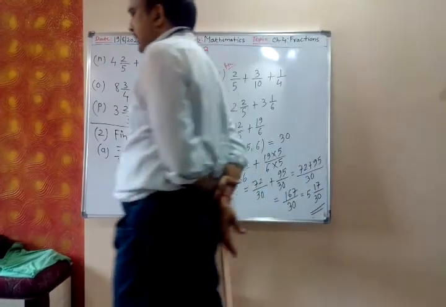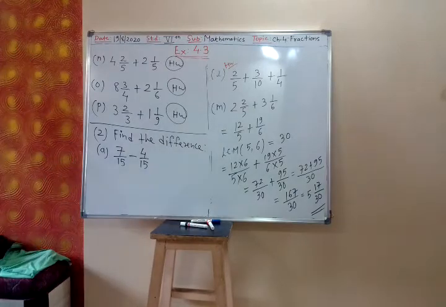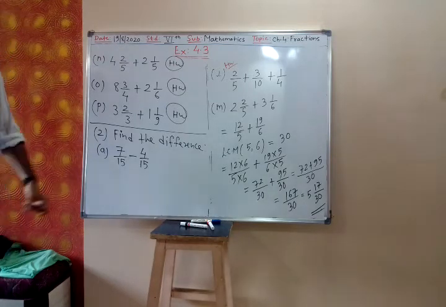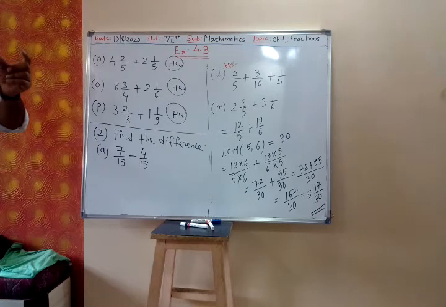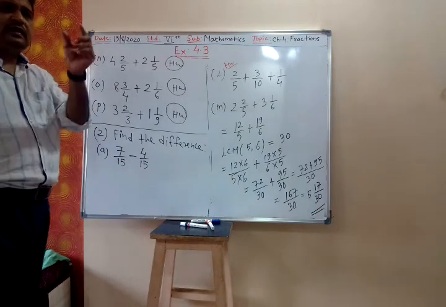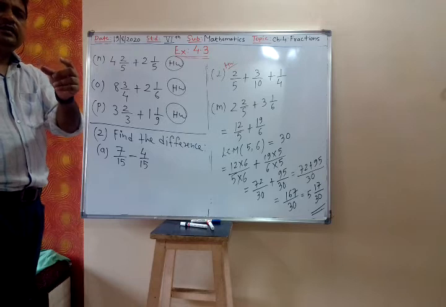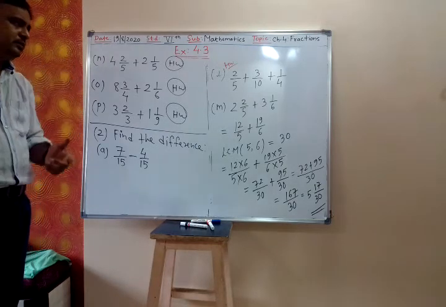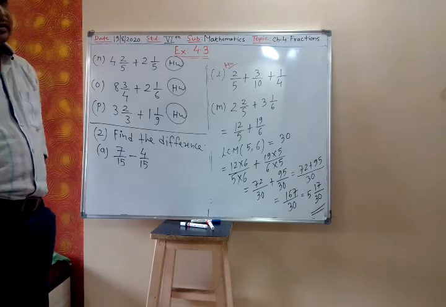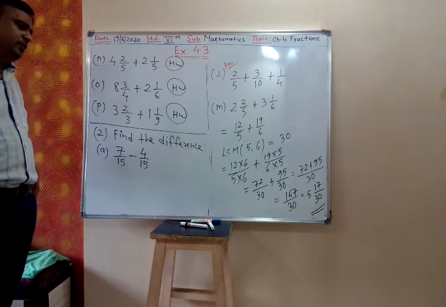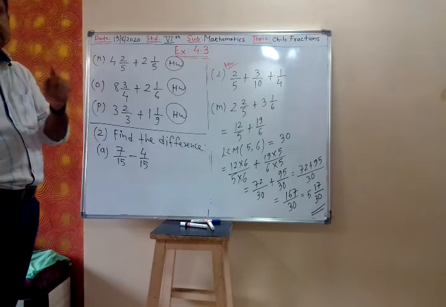We can add or subtract two fractions or three fractions provided they are like fractions. To convert them into like fractions, we take the LCM of the denominators.